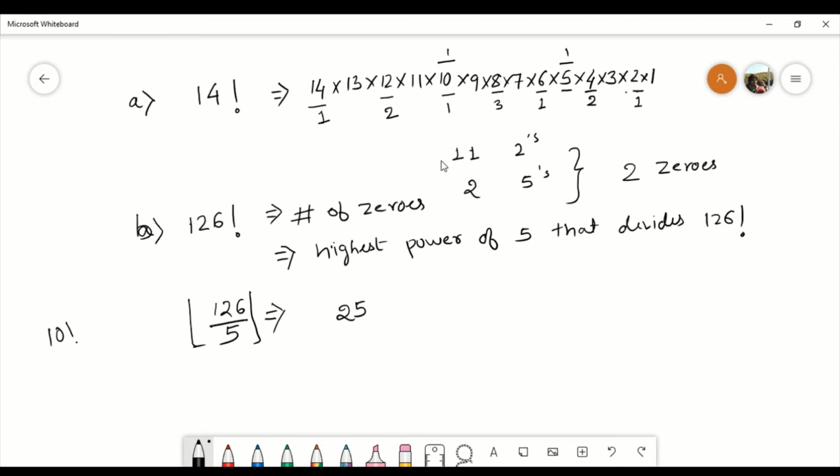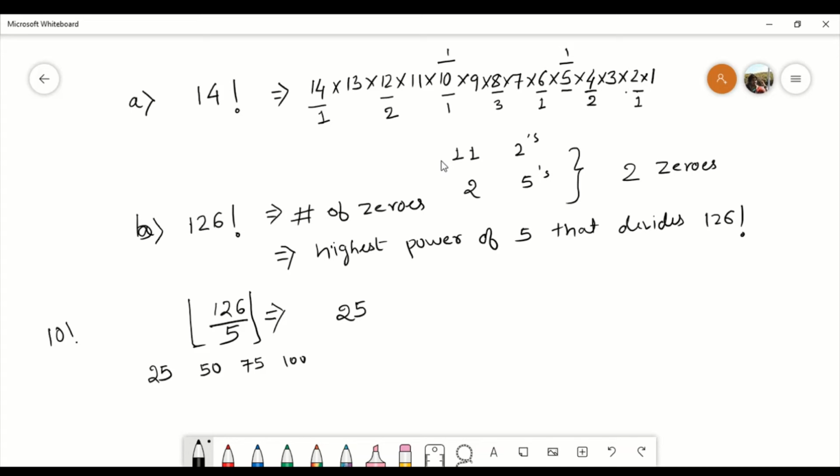But is this the number of fives? No, because when we get to 25, it is not only one five, but it is two fives. Similarly, 50 has two 5s, 75 has two 5s, 100 has two 5s, right? So any multiple of 25, which is 5 square, will give us two fives, and that will add an extra power of 5, right?